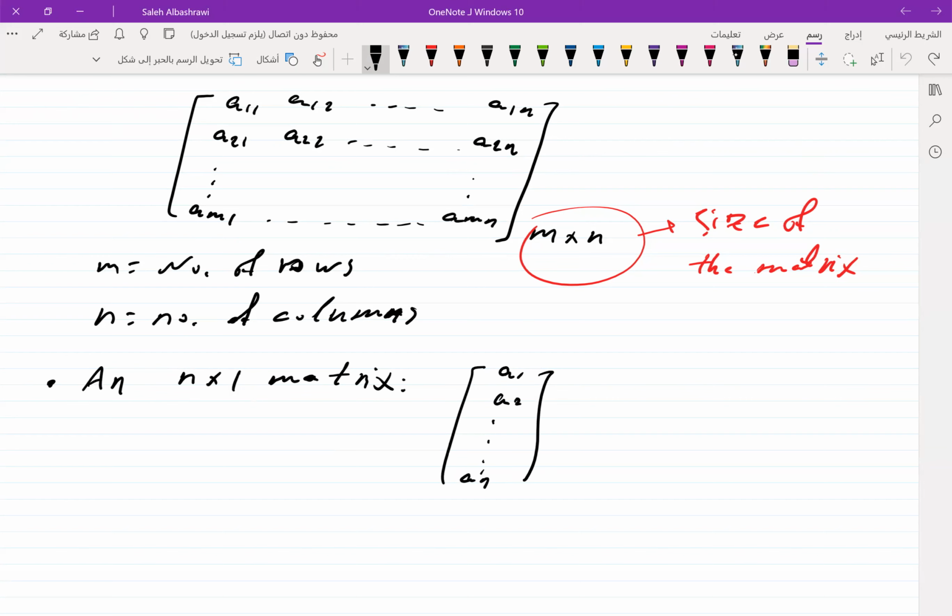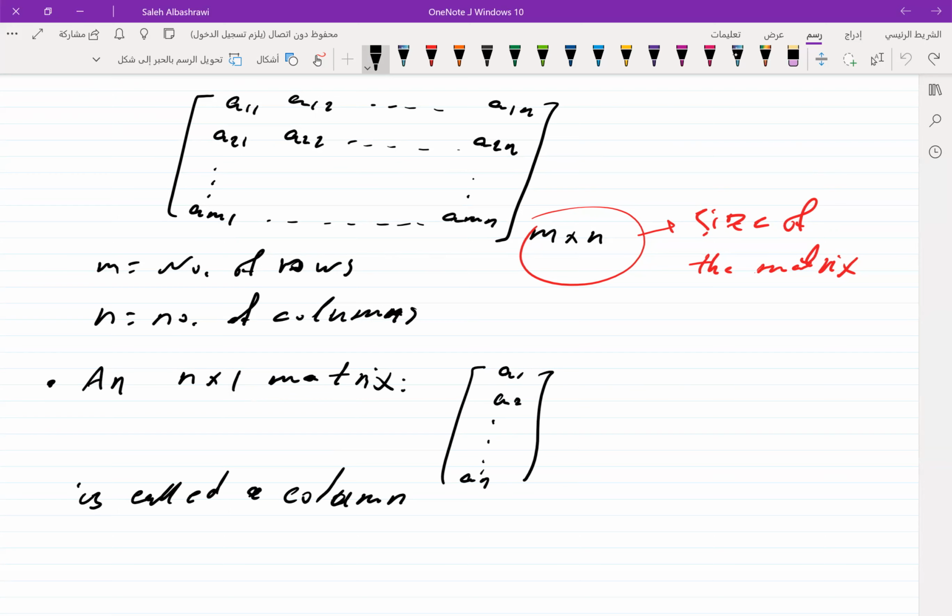It has N rows and 1 column. It's called a column vector, or a column matrix.